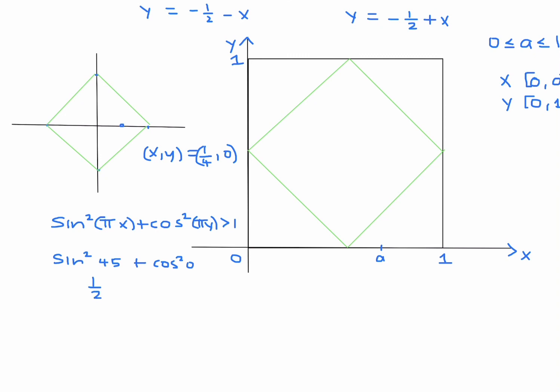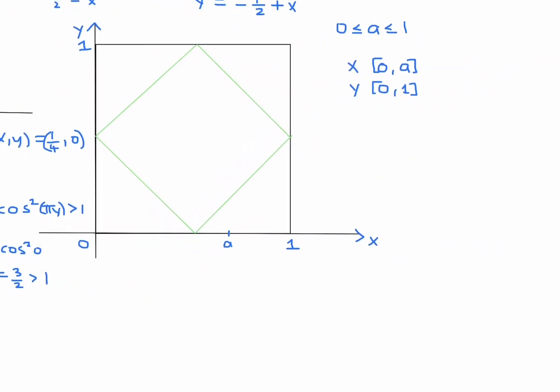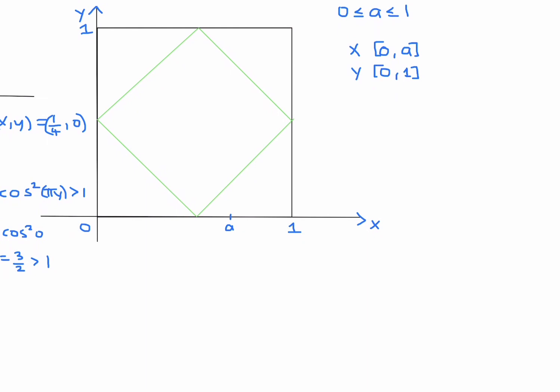And the cos of 0, well, you know that is 1. So when you square that, it's 1. And 1 plus a half is 3 over 2, and of course that is indeed greater than 1. So that means the point has got to be inside. So that's just something I wanted to show to illustrate that we now are working with this unit square, and in particular points that are inside.